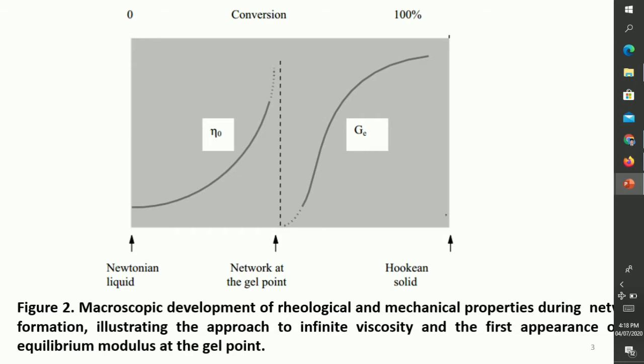As the viscosity approaches infinity at the gel point, steady shear measurements reach their maximum limits. Oscillatory or dynamic rheology and dynamic mechanical measurements can further characterize the material in the gelation region.